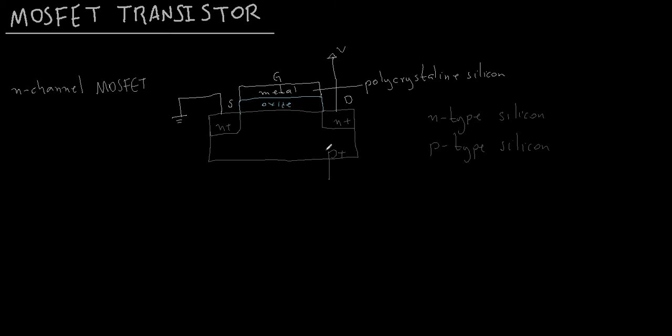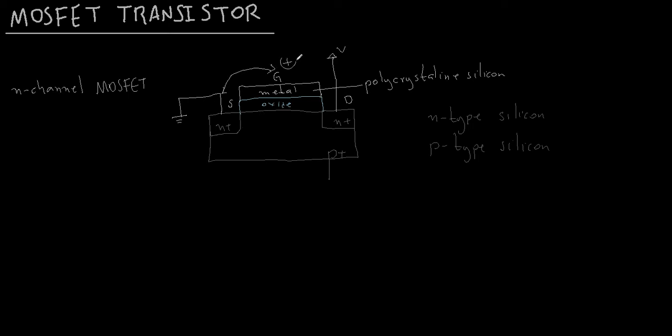So what happens is, if you apply a voltage between the gate and the source, between these 2 points here, a positive voltage, then the P-type silicon has fewer electrons available than the N-type silicon.